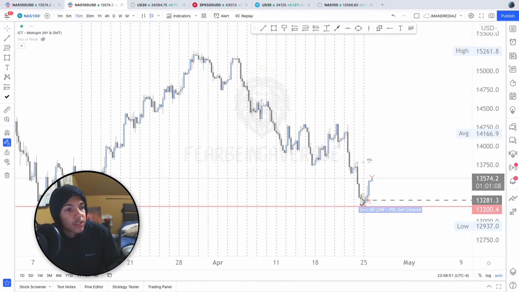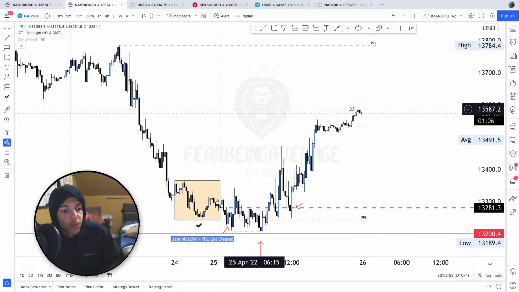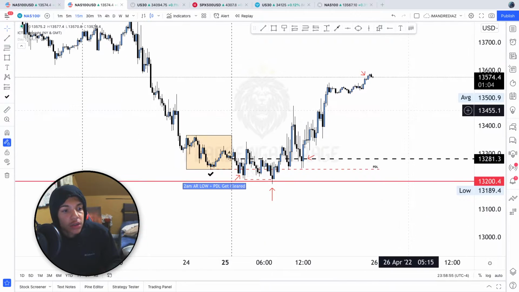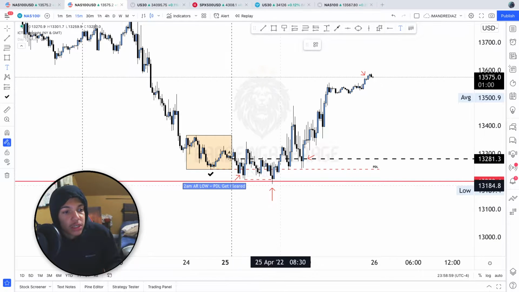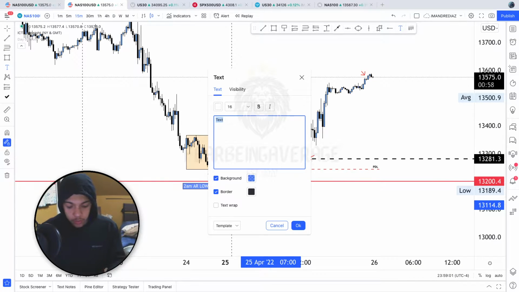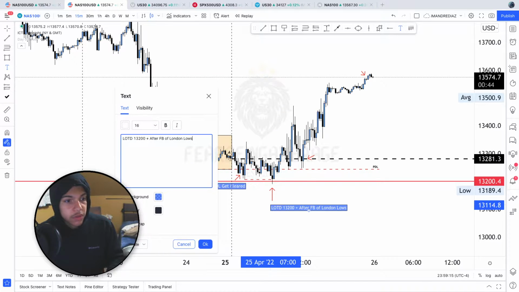So we're going to go back to that 15-minute time frame. Now we're back over here. So we're going to annotate this now. So now that we've seen that there wasn't no other movements in this area for why price had this movement here, we're going to annotate that we had the low of the day at 13,200 after having a false break of London lows at what time? 7:15.